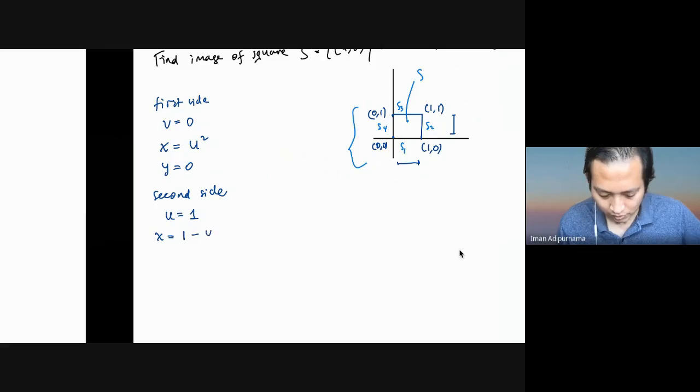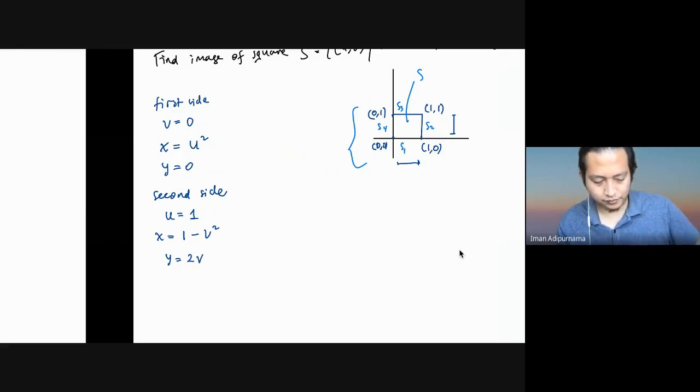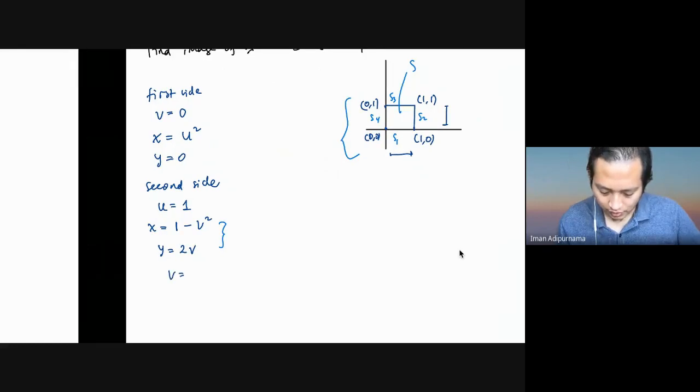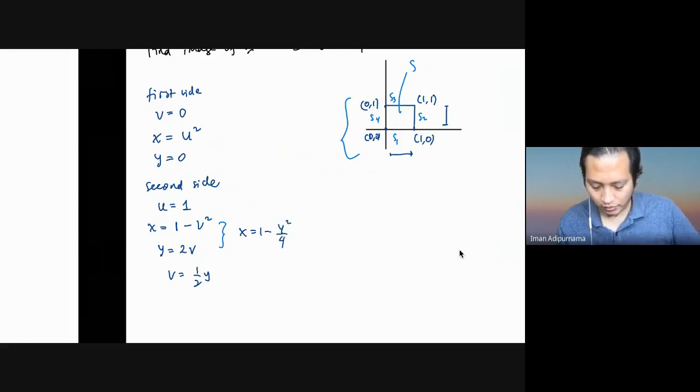So 1 minus, sorry, v squared, and y will be 2v. And we can set up this and solve this. So v is half y, so x is 1 minus y squared over 4. This is for x from 0 to 1.